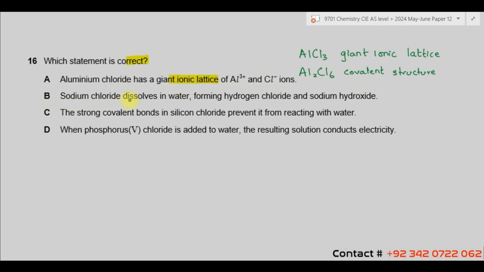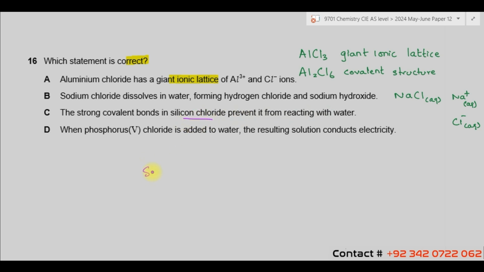Part B, sodium chloride dissolves in water forming HCl and NaOH. This is wrong because sodium chloride is a neutral salt, so it dissolves in water to form an aqueous solution in which we have Na+ aqueous and Cl- aqueous. No other products are formed, so this is incorrect. Part C, the strong covalent bonds in silicon chloride prevent it from reacting with water.